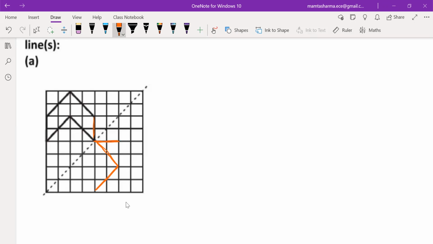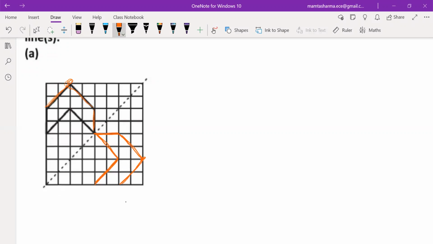Now after this line, you have to go straight for 2 squares. Okay, I got the corner. There is also a corner. After that corner, there is a perpendicular line in 2 squares. So draw a perpendicular line in 2 squares. So this would be the exact mirror shape of the given shape.